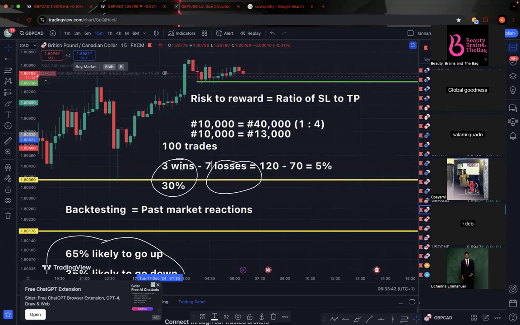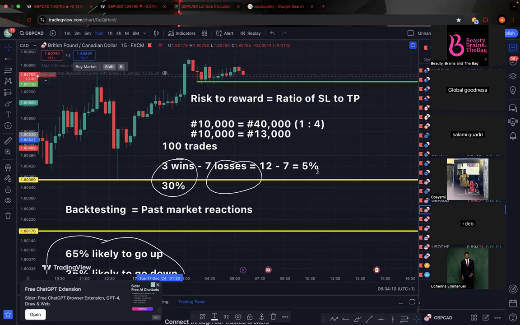I would make, because my risk to reward ratio is 1:4, right? For the 3 trades I won, 4 times 3 would give me 12% profits, right? And 7 times 1 is obviously my 7% loss. So at the end of the day, I would make 5% profit. That is if I risk 1% of my account.